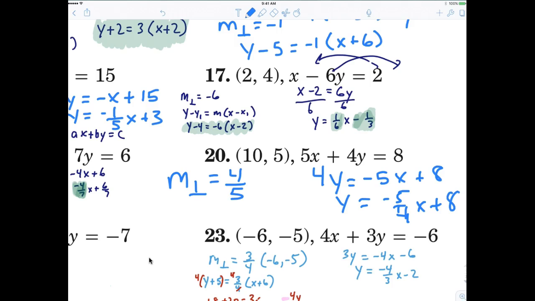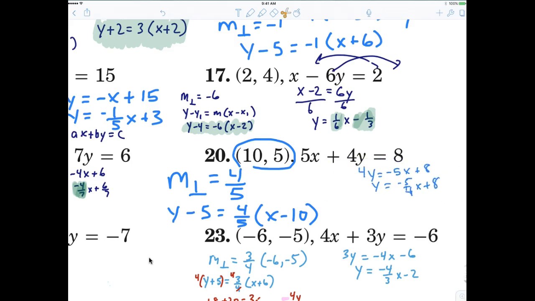Then we're going to start out in point slope form using this point with this slope. So I have y minus 5 equals 4/5 times x minus 10. If you recall, I told you that when you're writing in standard form, you can't have fractions.